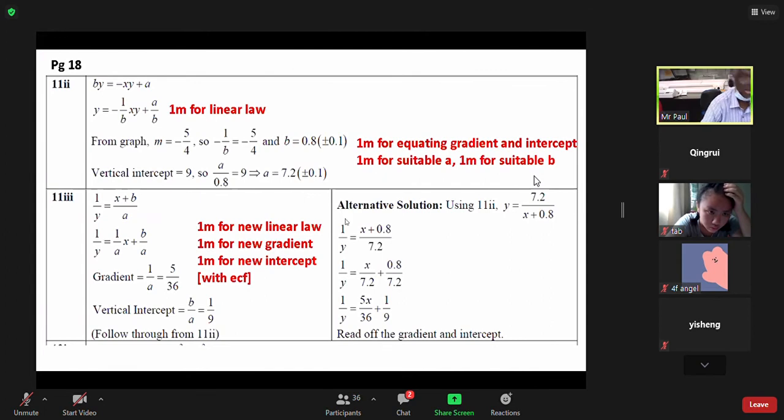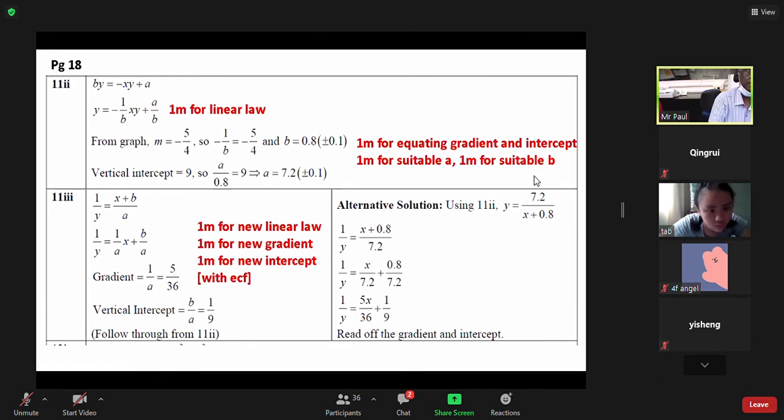So what you have is by equals to minus xy plus a. After that, what do you do? Divide all by b. Yeah. You only move the xy over. Yeah, Clarissa can see here. Then you divide by b. Okay, very clear. Next part.